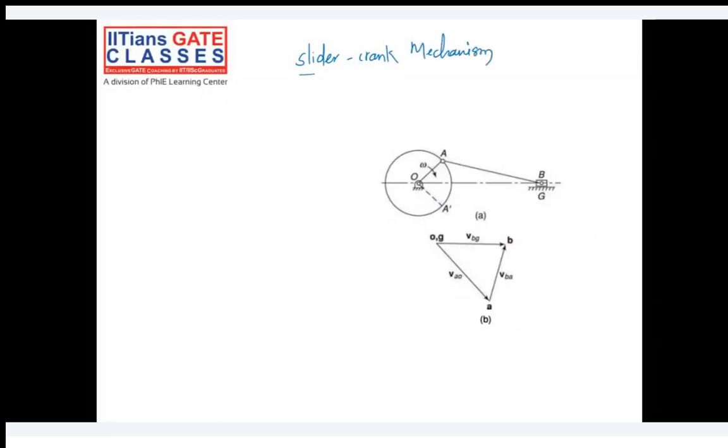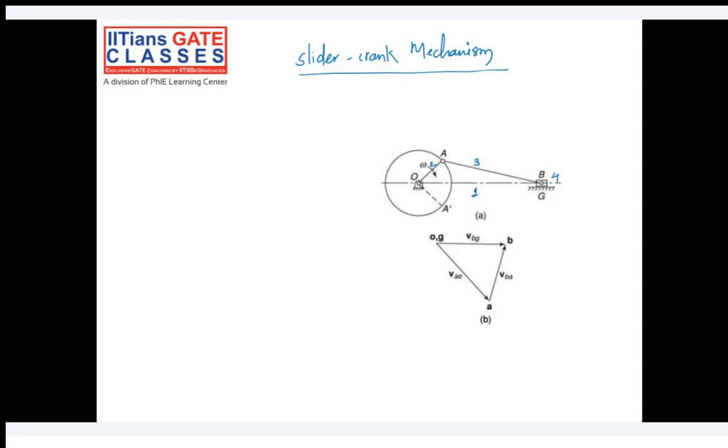Let's say omega is the RPM at which the crank is rotating, and AB is our connecting rod, and at point B we have a slider, which is, let's say, link number 1, 2, 3, and the fourth link is the slider in this case. So we have studied this situation.